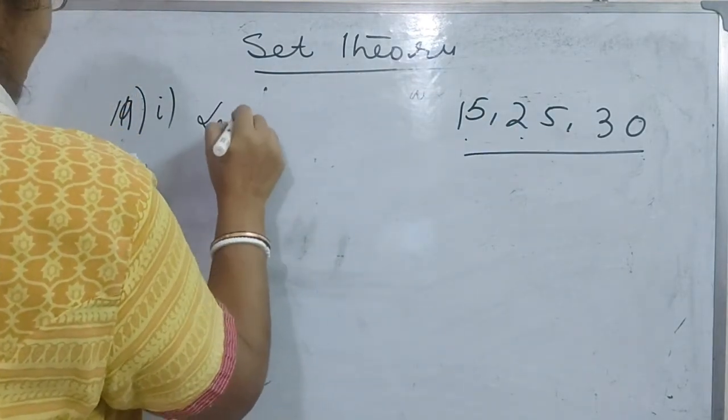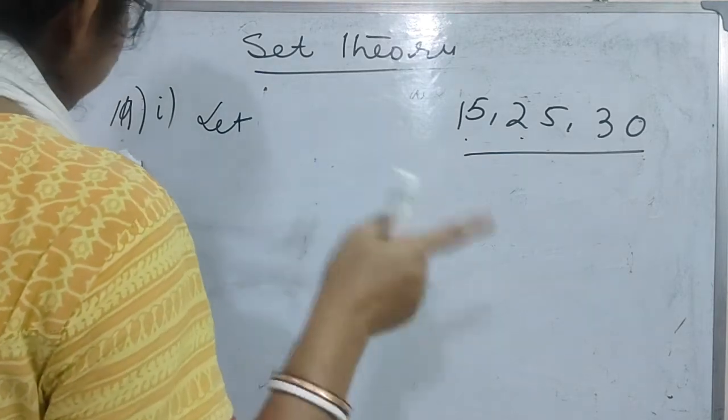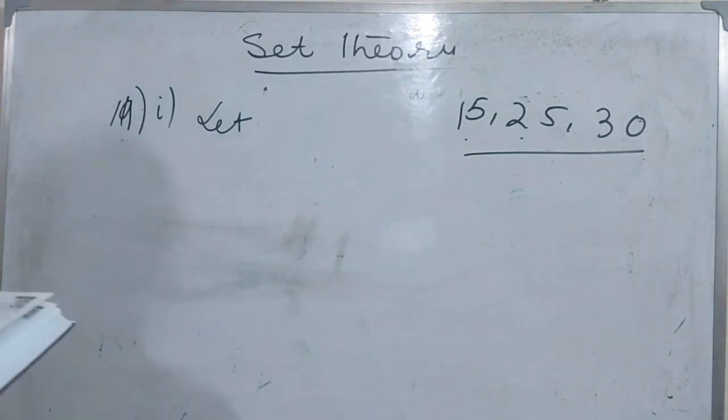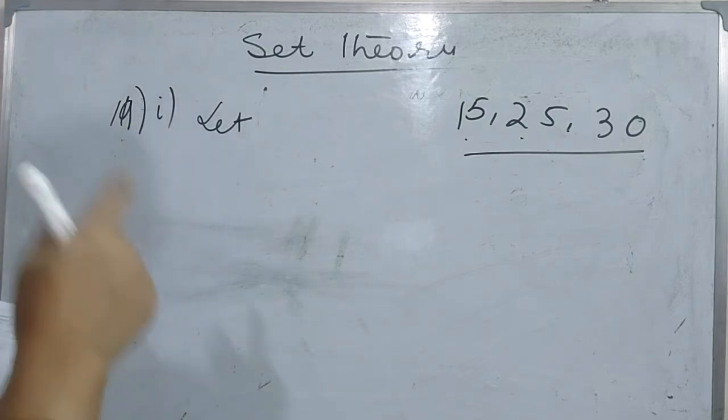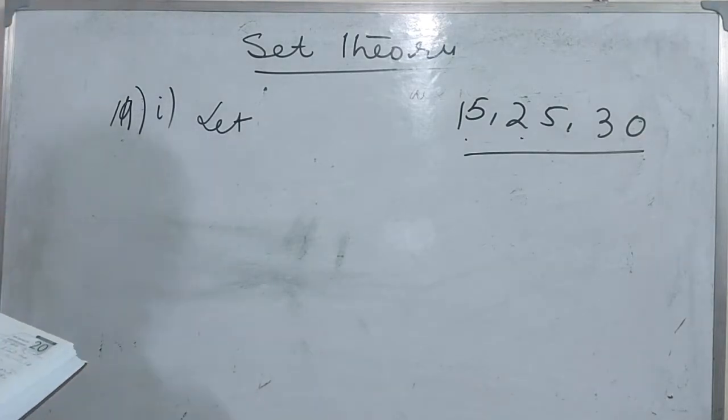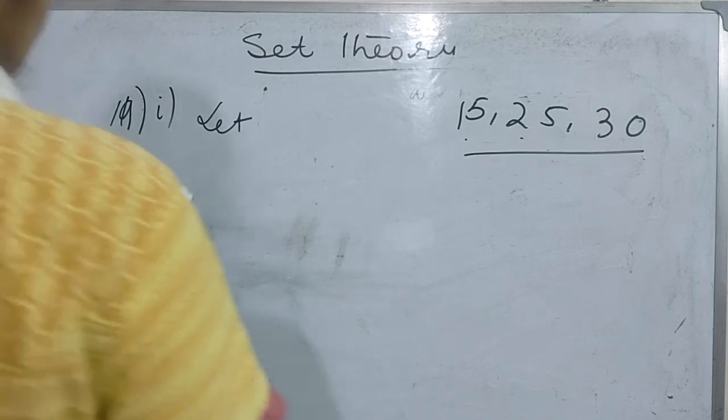Here, for HCF, I will take the factors of the numbers, and for LCM, I will take the multiples of the numbers.